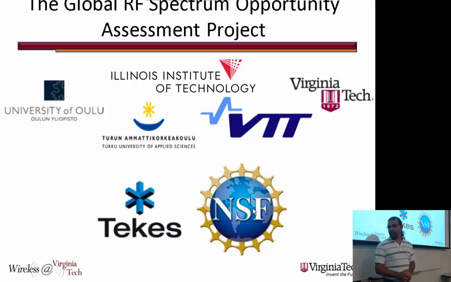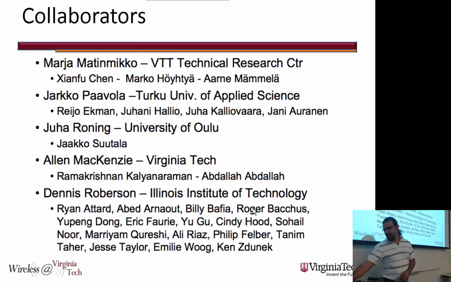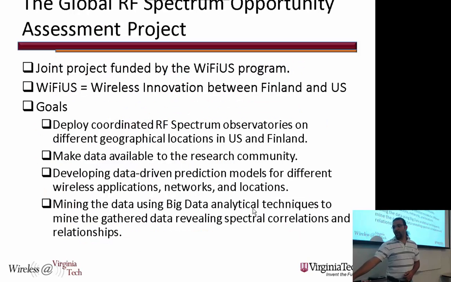The project includes two universities in the US, Illinois Institute of Technology and we here at Virginia Tech, represented by Dr. McKenzie, and three locations in Finland: Turku University, University of Oulu, and VTT Technical Research Center.